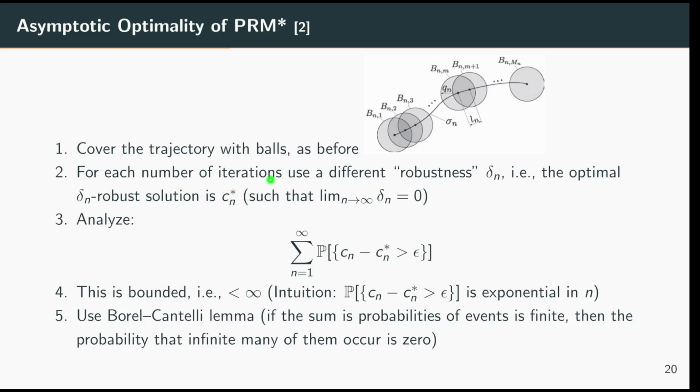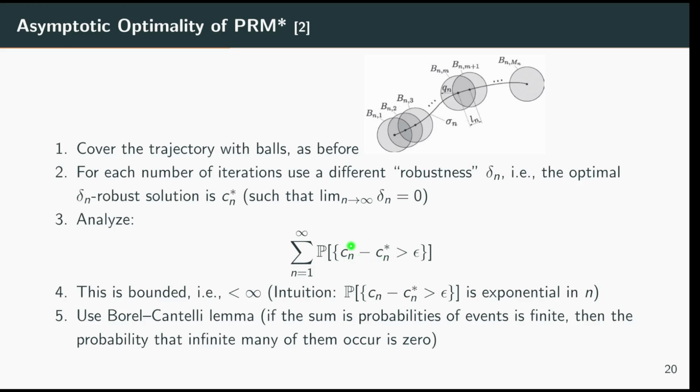And here we also change the robustness. So we start with a very large robustness and then shrink it. As a limit, the robustness would be basically 0.